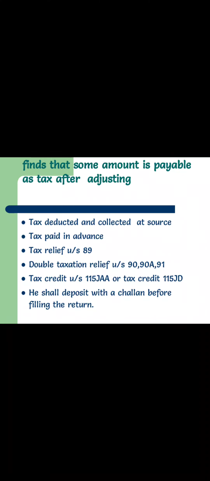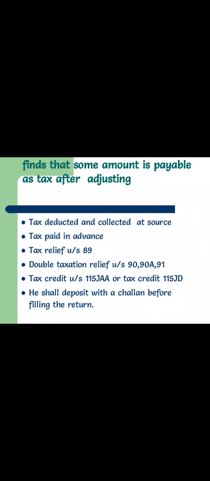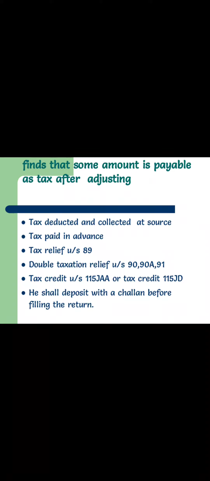Tax deducted at source may be deducted at the time of receiving prize money or income from other persons, and the remaining balance is received. Tax collected at source is collected by the person giving the amount. Or it may be advance tax: some business people may pay advance tax before submitting the return of income annually.